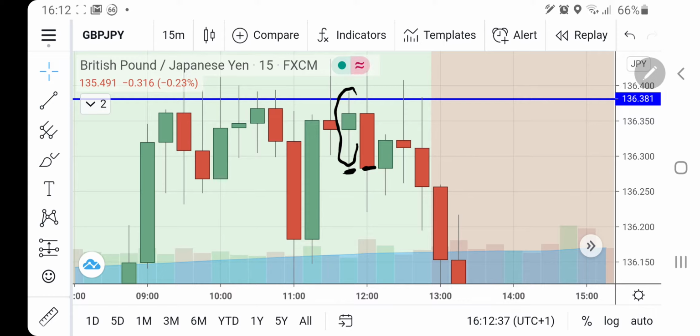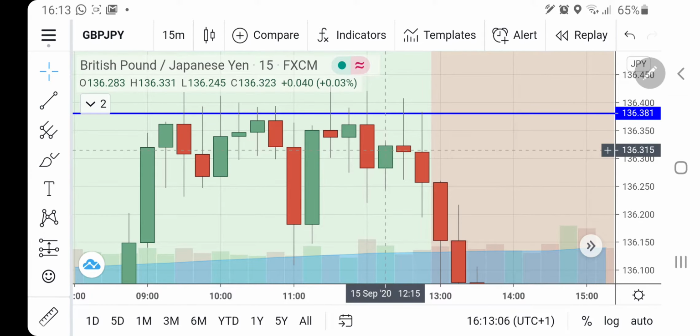Let me see, where did I get in? Because this is like the second confirmation that we are going bearish, and we are at resistance and making bearish candles. So yeah, I took a short in this zone, with the stop above that same candle.